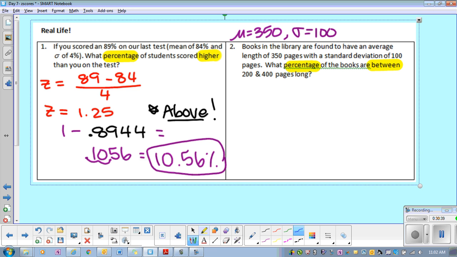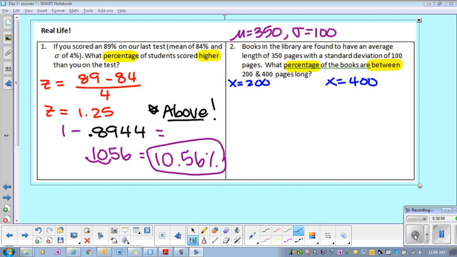Keyword, between. So we have x equals 200 and x equals 400. Guys, find the z-score for both of them. Find the probability. And then give me the percentage between.